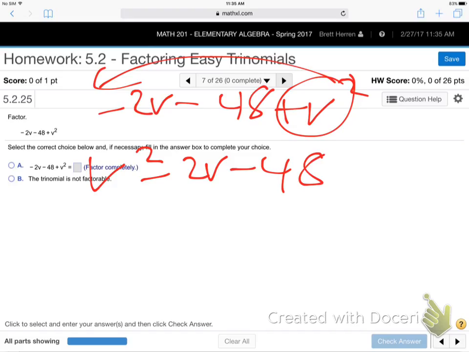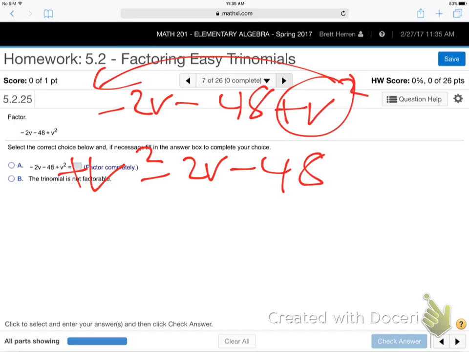And remember, whenever you move things around, take the sign that's in front of them with them. See how there's still a plus sign in front of that v squared, really? Nothing, which is plus. Whenever you move terms around, take the sign in front of them, plus or minus, with them. And now it's just regular.